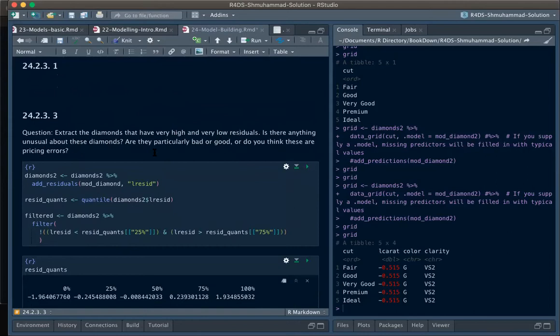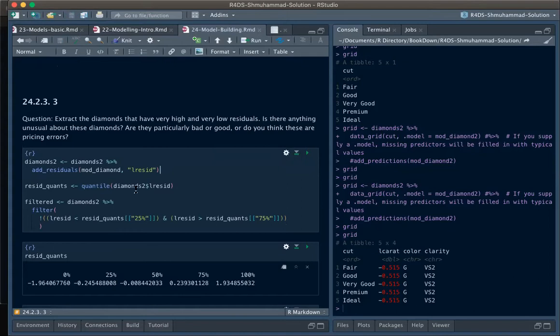So basically, the question is asking us to extract diamonds that have very high and very low residuals. And we think about these diamonds, whether they are good or bad, what their price. So this is the data, diamond 2, and we add residuals as usual, and we create a column, log transform residuals.